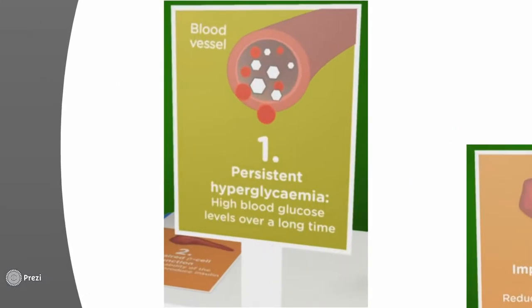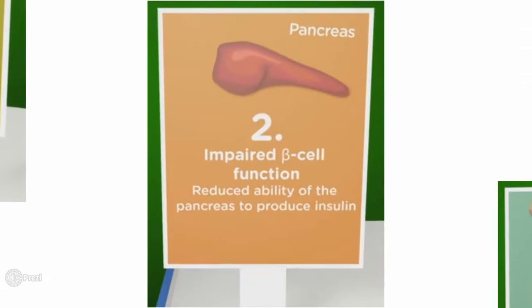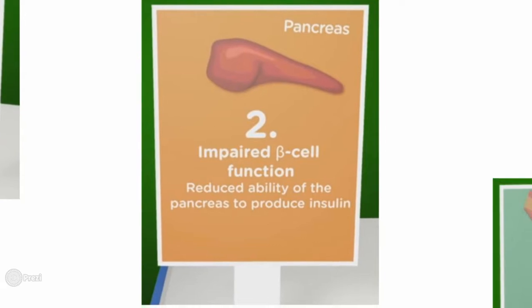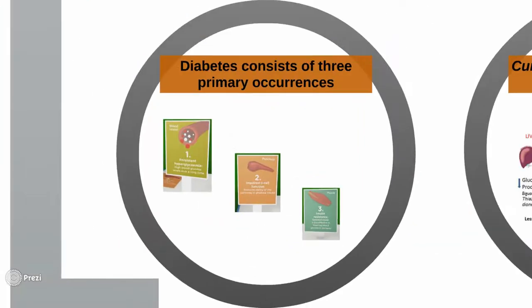The body is experiencing these high blood sugar levels, and in response, the pancreas starts to release insulin, and it releases so much insulin that it becomes burnt out, it becomes tired, and over time, due to an unhealthy lifestyle, being overweight, and lack of exercise, we develop insulin resistance. Those three primary occurrences are what we want to target when it comes to diabetes.